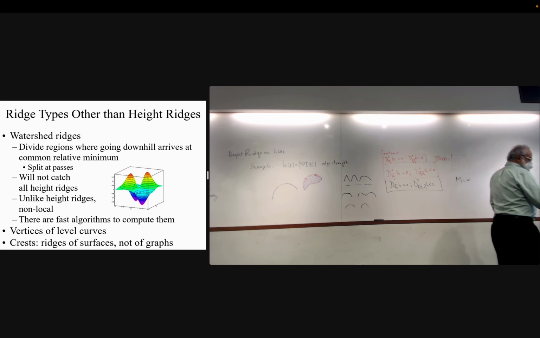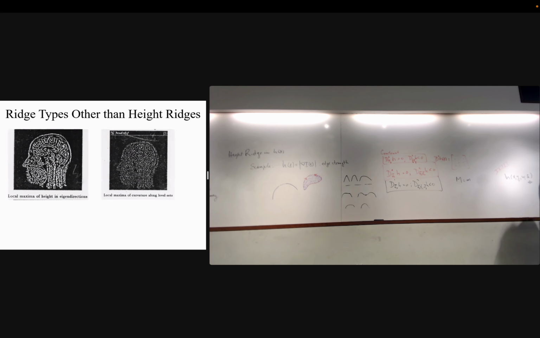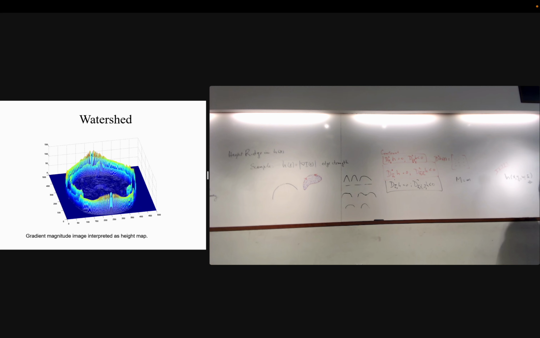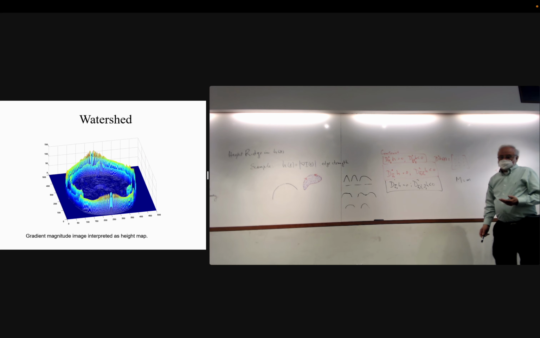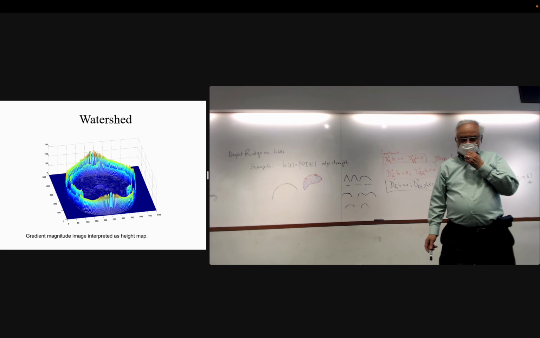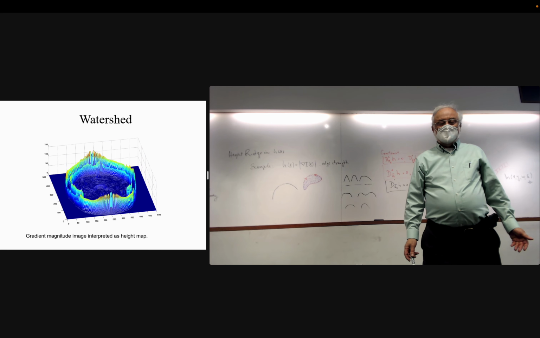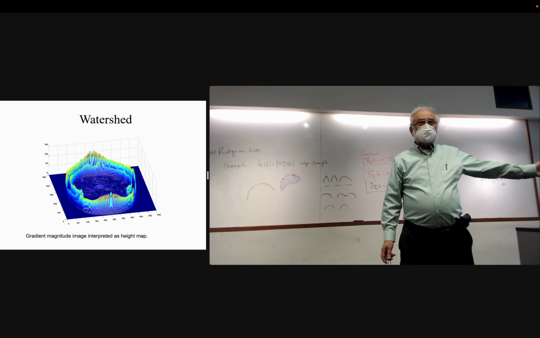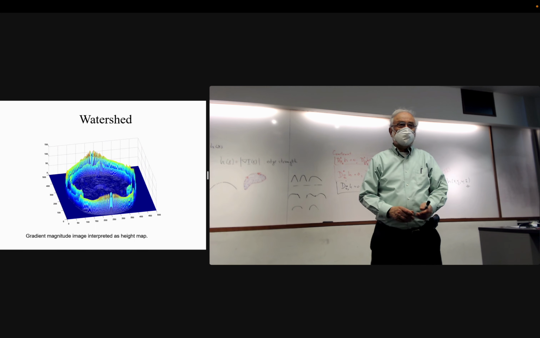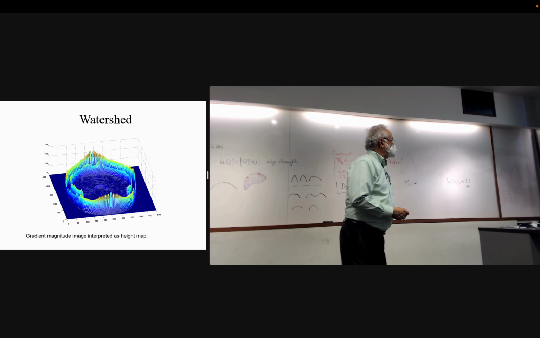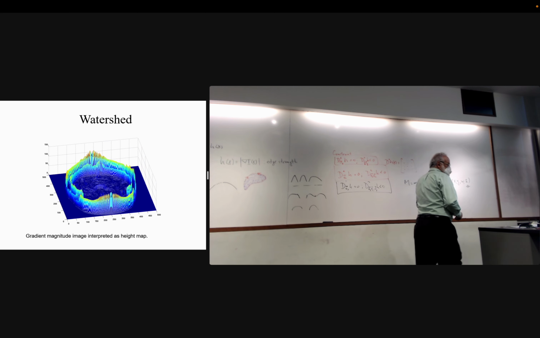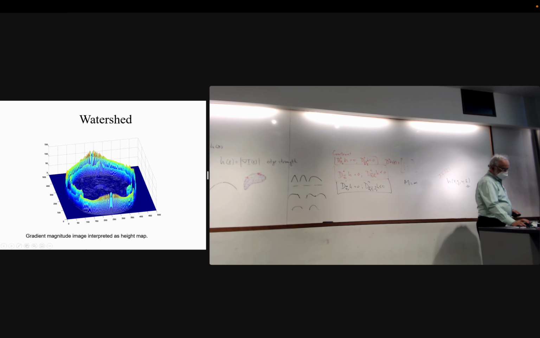And despite the non-locality, you can get some fairly nice ridge locations using the idea that when you run downhill, you run to some pit over here.